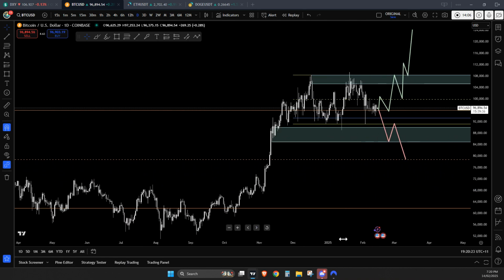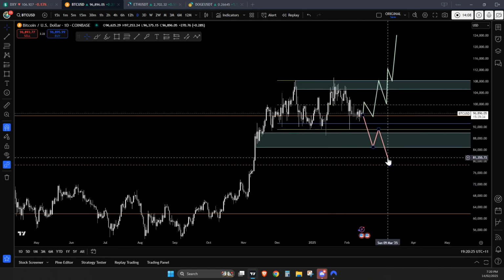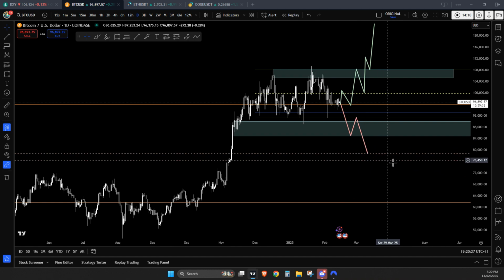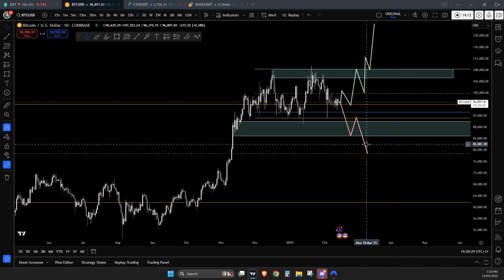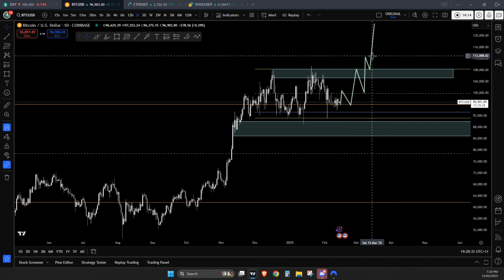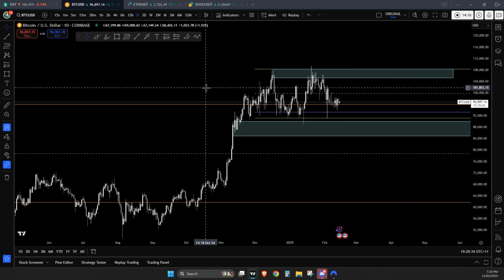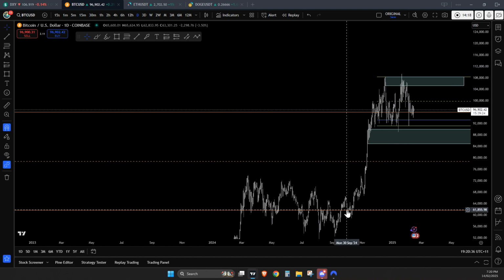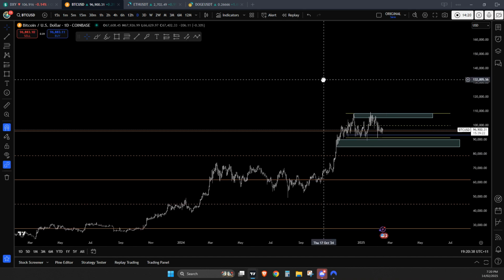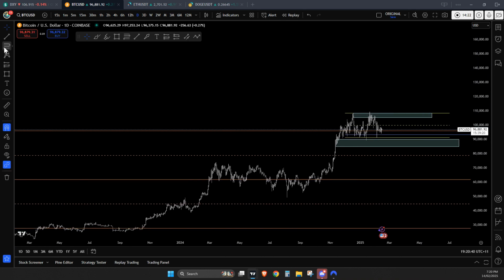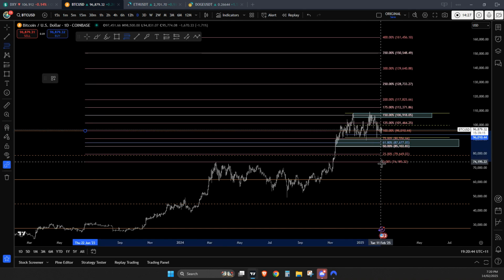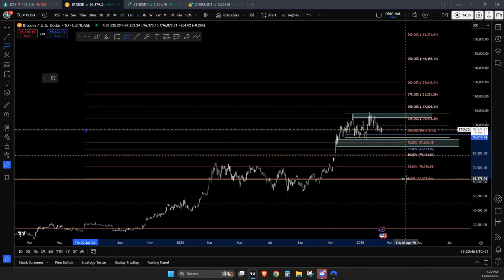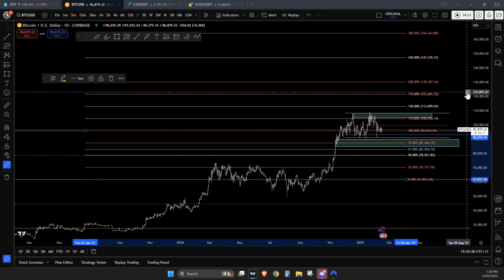Now, in terms of price prediction, to the downside you've got your levels, right? So you know where to go. But in terms of going to the upside, how could you get some price predictions? You know how people will say, I think Bitcoin's going to this, or I think Bitcoin's going to that. Well, all you really got to do is get your fib, put your levels in right there, and see where things end up.